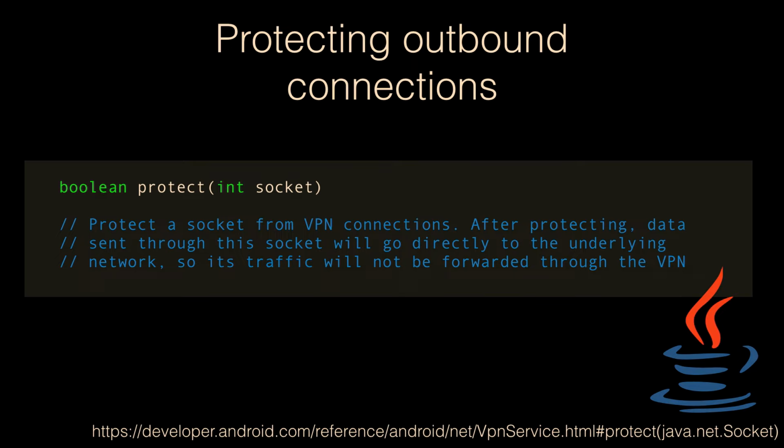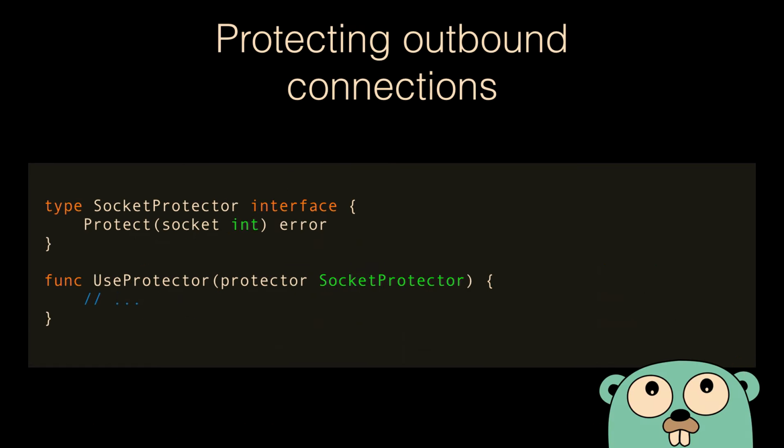So we needed something that helped us use this protect call from the Go space, because it was Go, the part that was creating the outbound connections. And what we did here was an interface.